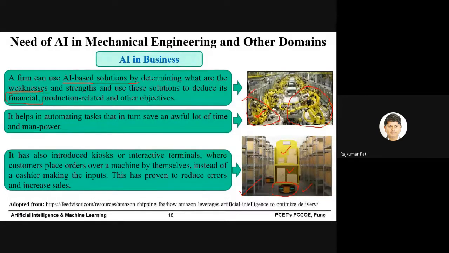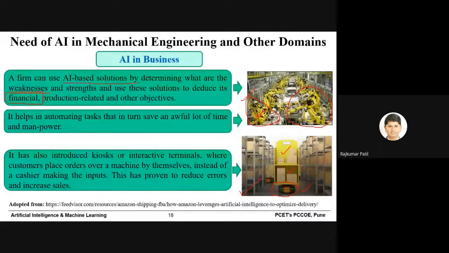There are robotic systems that take care of the painting of the car, and that will ensure the quality of painting, and ultimately it will increase the quality of the car. So wherever the cost of manpower is at the higher end and quality is a concern, at those points man is replaced with machine.